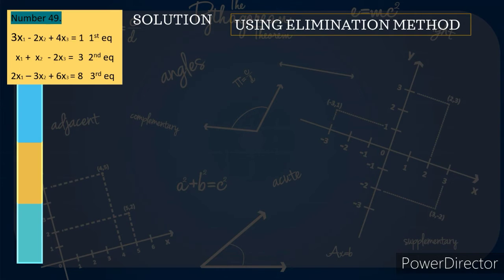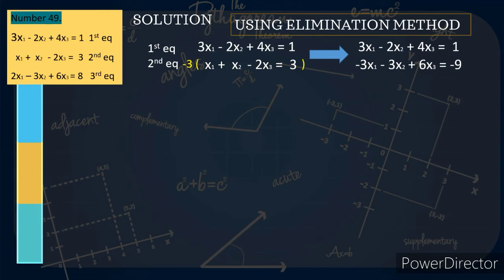There are three equations, so the first step is to use the first and second equation and do the elimination process. I want the x sub 1 variable to be eliminated, so we multiply the second equation by negative 3 so that we can eliminate the x sub 1. The second equation is now negative 3x sub 1 minus 3x sub 2 plus 6x sub 3 equals negative 9.